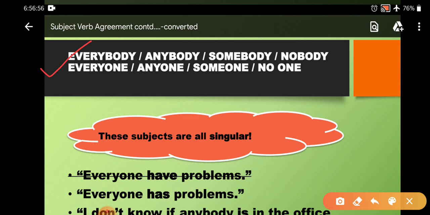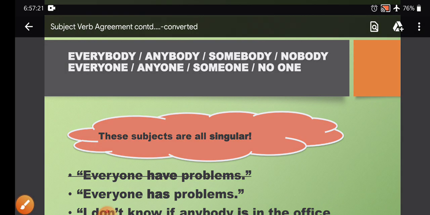Everybody means each and every one. Anybody means one out of so many. Somebody means one random out of so many. And nobody means not even a single. So all these words refer to singular subjects.